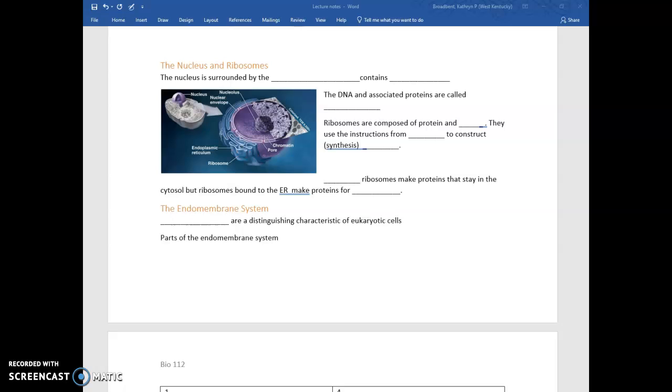The nucleus and ribosomes. We'll be talking a lot about the nucleus and the machinery that makes proteins. It's an important part of cellular biology.